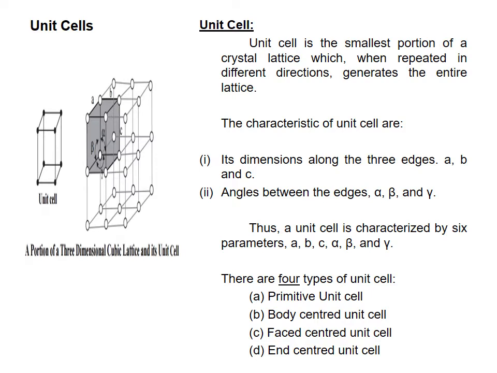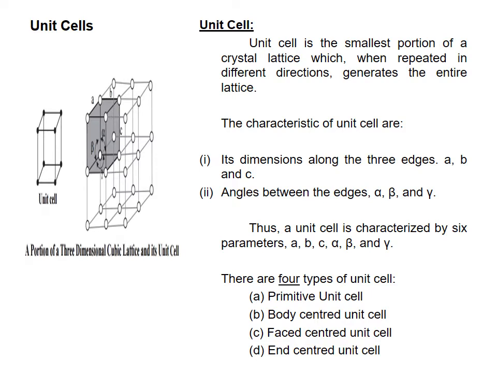The angles between the edges are indicated by the symbols alpha, beta, gamma. Thus, a unit cell is characterized by 6 parameters: a, b, c and alpha, beta, gamma.